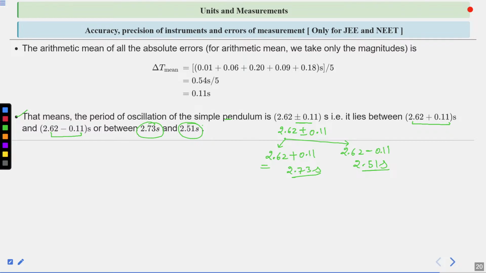We already learned accuracy refers to how close a measured value is to the true or accepted value, whereas precision refers to how close repeated measurements are to each other, regardless of how close they are to the true value. Now clear? Any doubt?